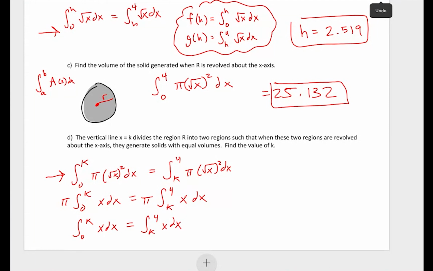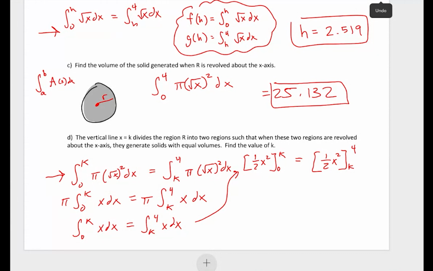Now let's work this out by hand. The antiderivative is going to be the same on both sides. It's just 1/2 x squared. So you have 1/2 x squared from 0 to k, which should be the same thing as 1/2 x squared again from k to 4.